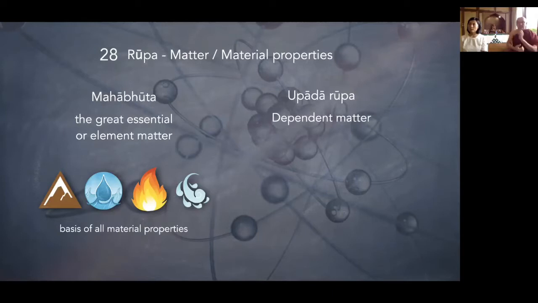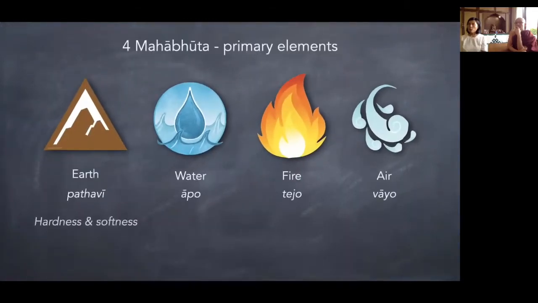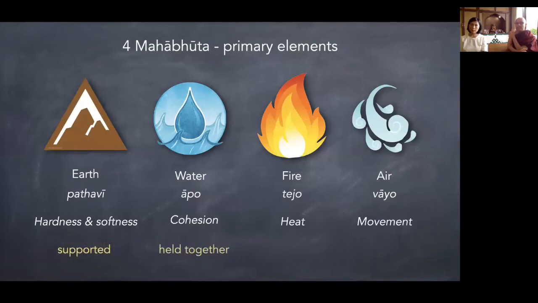The dependent matters depend on these 4 primary elements to arise. All kinds of material properties are supported by the earth element, and they are held together by the water element, and they are maintained by the fire element, and they are distended by the air element, which is the movement.